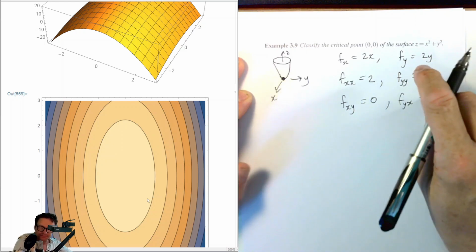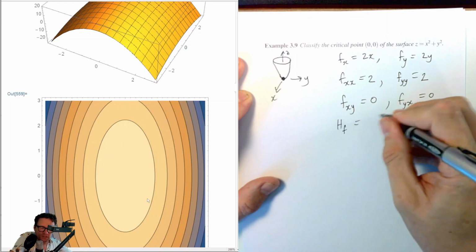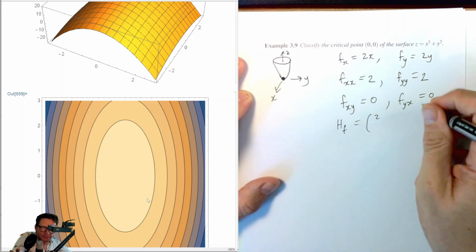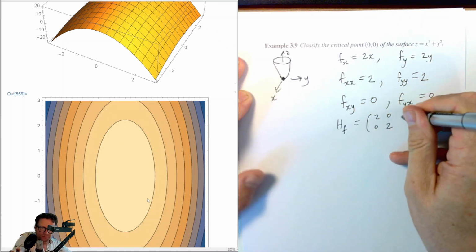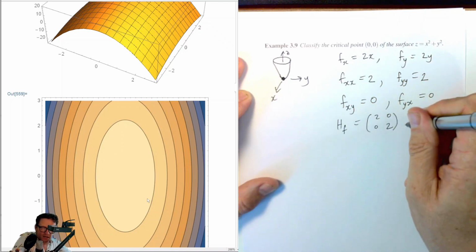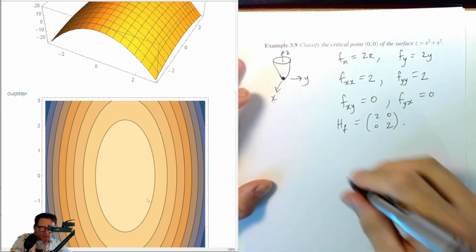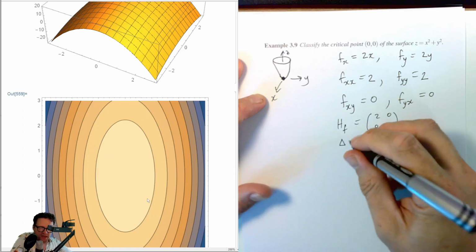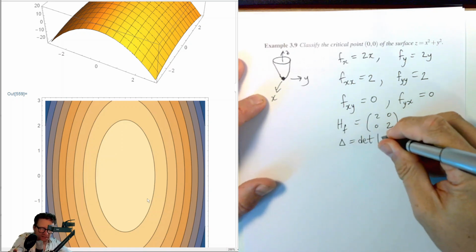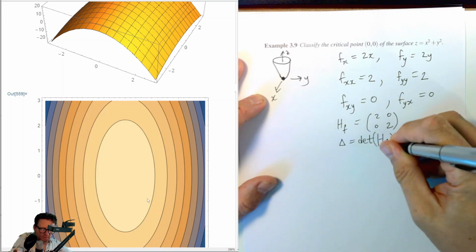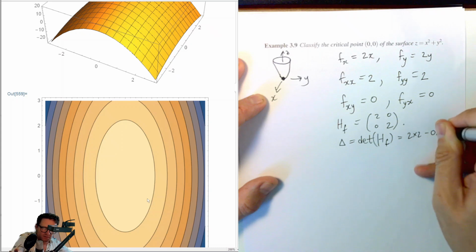These two match. So our Hessian matrix is [2, 0; 0, 2]. Right? And that does not depend on the point. It's this everywhere. So the determinant of the Hessian matrix is equal to 2 times 2 minus 0 times 0.